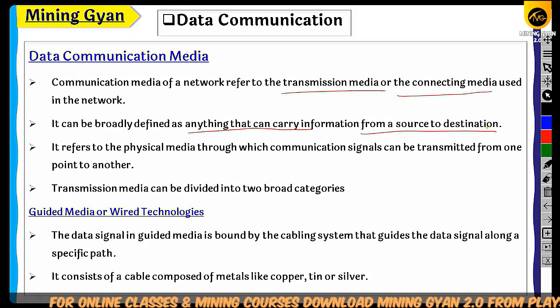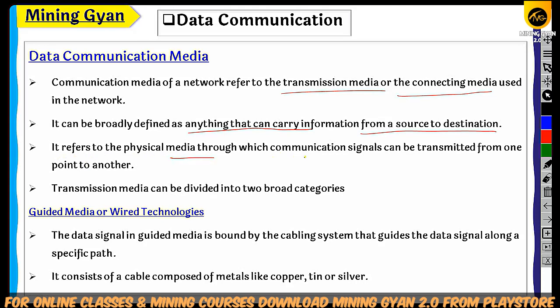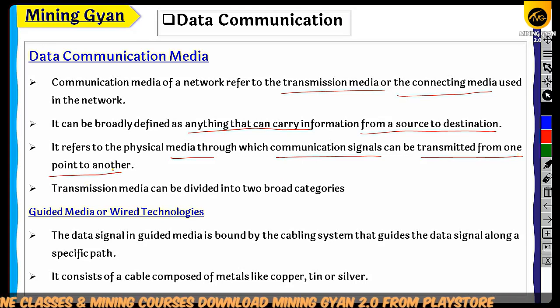So any kind of device which can carry any kind of information or data from source to receiver will be the communication medium. It refers to the physical media through which communication signals can be transmitted from one point to another point.